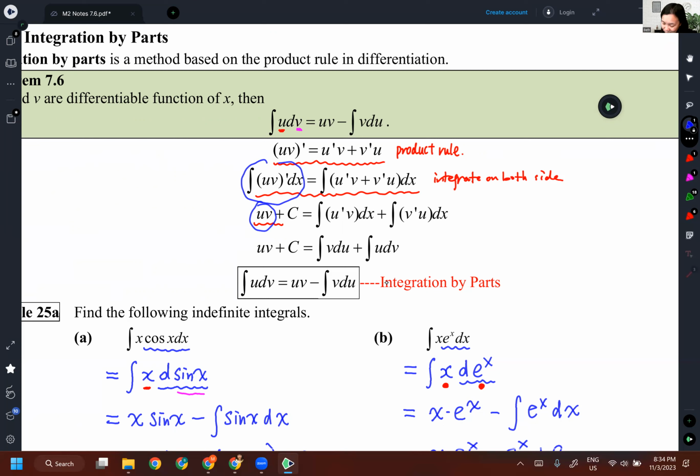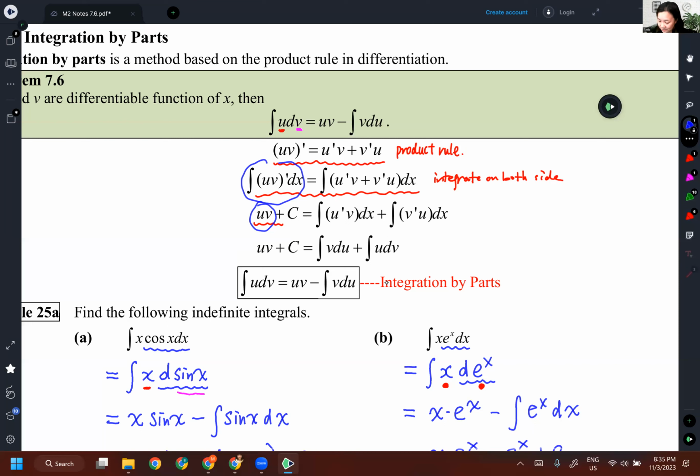Let me repeat. UV differentiate and integrate, you should get UV itself, because integration and differentiation are the reverse operation of each other. So you will return to UV. So on the left, it's UV plus C.